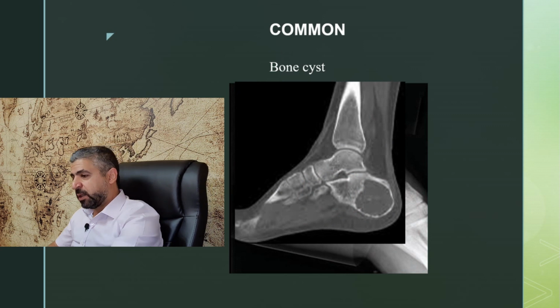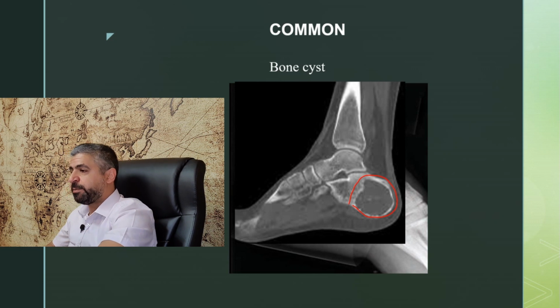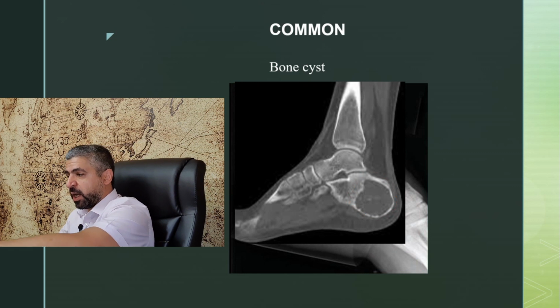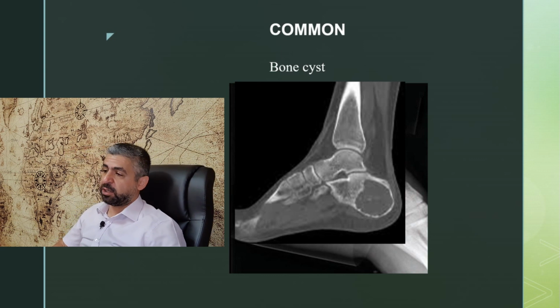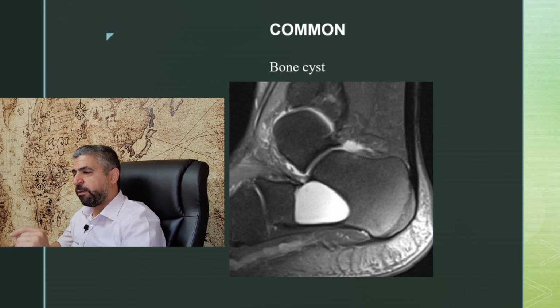Another example we can see here on the CT scan. You can see it has a very well defined thin cortex, non-expansile, non-destructive, no soft tissue component, no signs of extension to the surrounding tissue, no pathologic fracture. So all of these are features of a simple bone cyst, and on MRI it has all the characteristics of any cyst anywhere in the body.